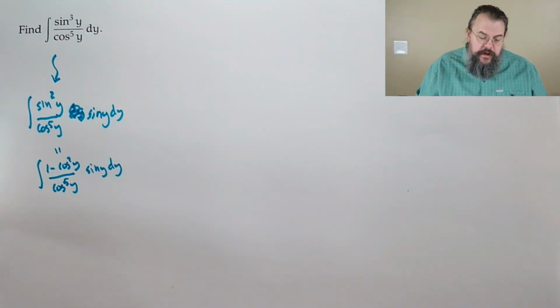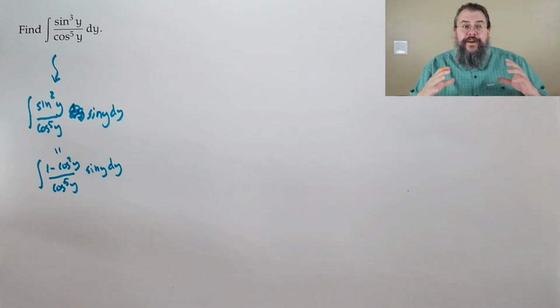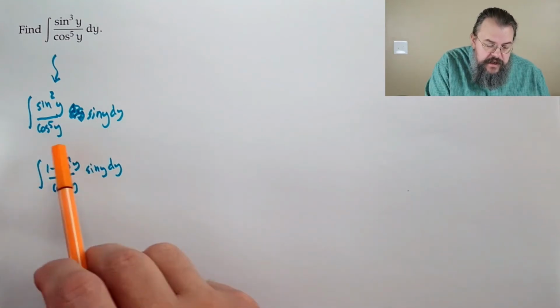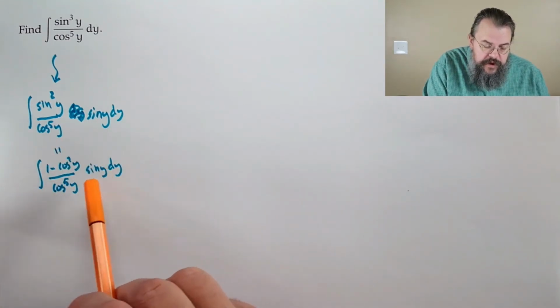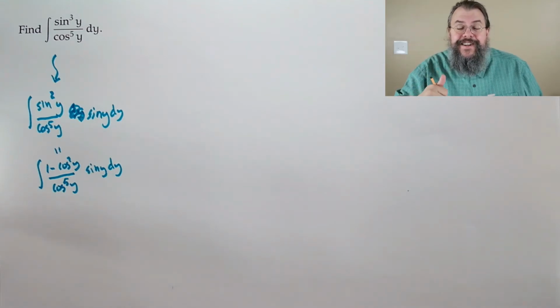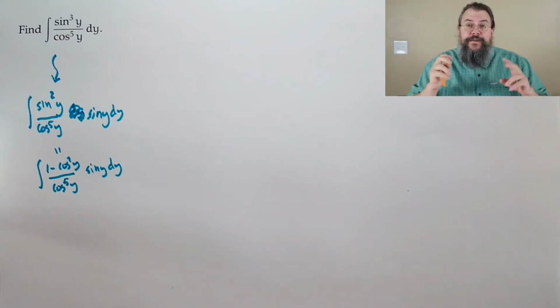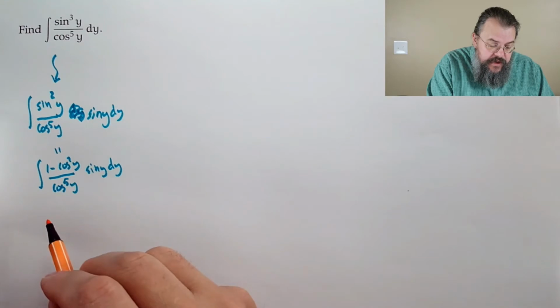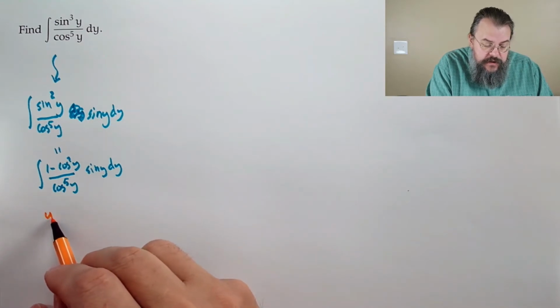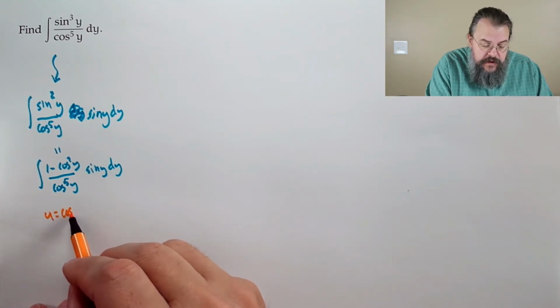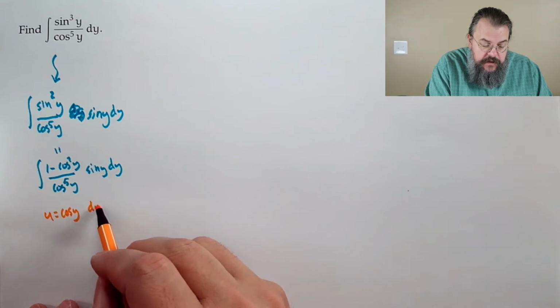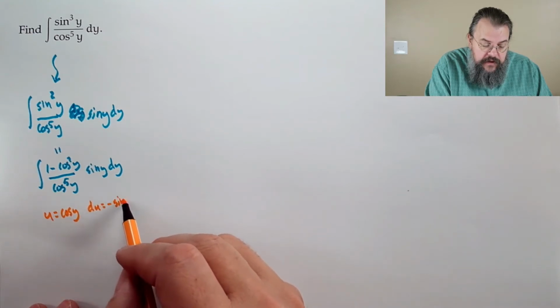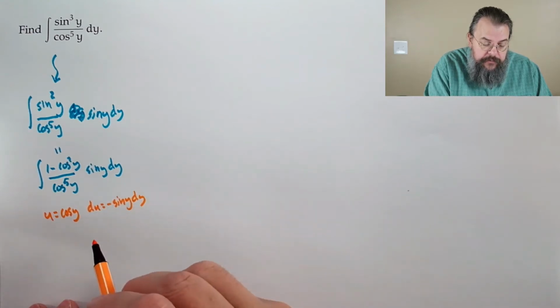Now, at this point, we're ready. We have everything in terms of cosine, with the exception of one sine at the end, and that's going to become our du. So, if we said, hey, let's let u equal cosine y, then du is negative sine y dy.